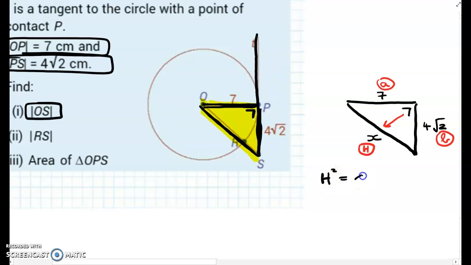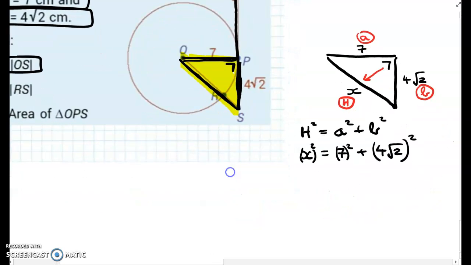And we're going to fill them into the Theorem of Pythagoras formula. So this time we don't have H. That's where the brackets come in useful for the likes of that. 4 root 2. You have to use brackets for that really. Otherwise it might confuse the calculator.